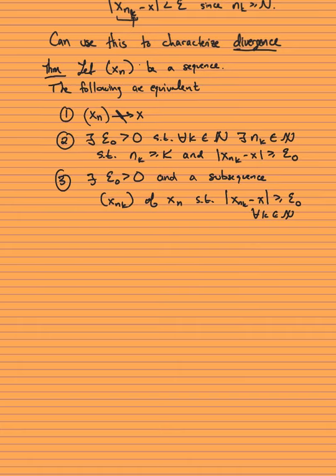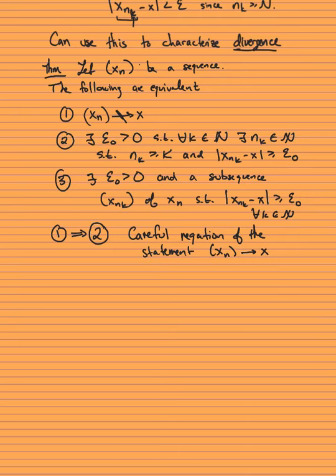Okay, so what is this saying? The first, 1 implies 2, is just doing a careful negation of the statement x_n goes to x. All right, so I'm really going to encourage people to write this out themselves.